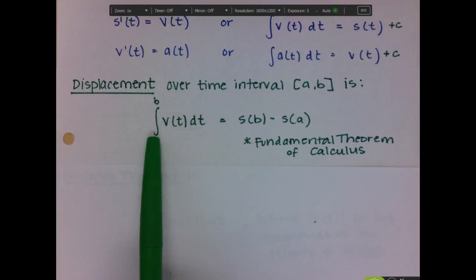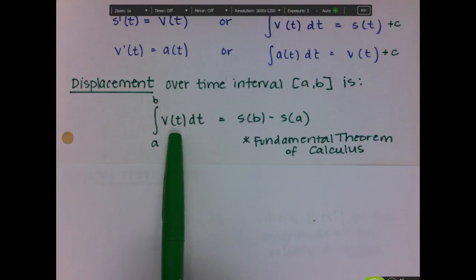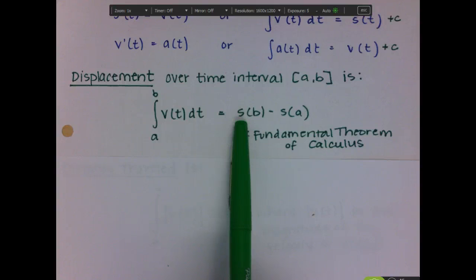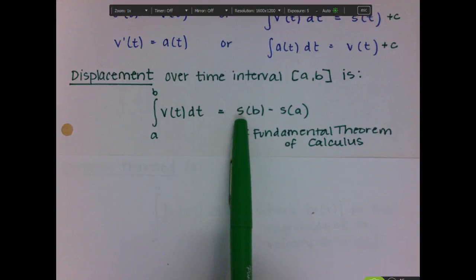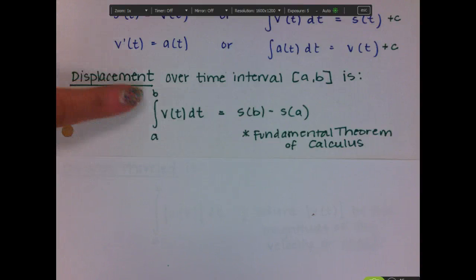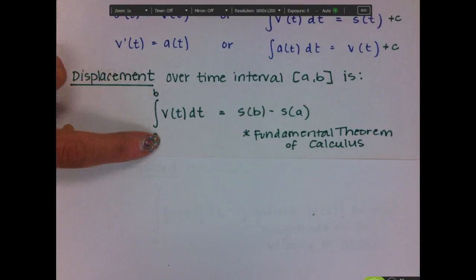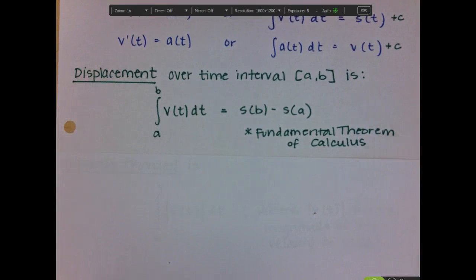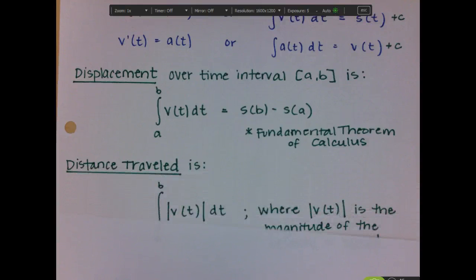So it's the integral of the velocity function, which gives us the position function. But remember, when we evaluate definite integrals, we take the antiderivative and we evaluate it at b, and take the antiderivative evaluated at a, and subtract those two. So that was the fundamental theorem of calculus that helped us evaluate definite integrals. So that is the definition of displacement.